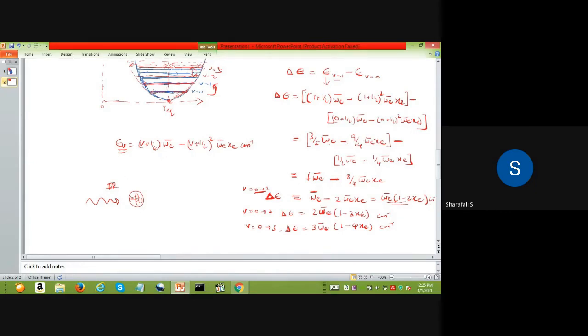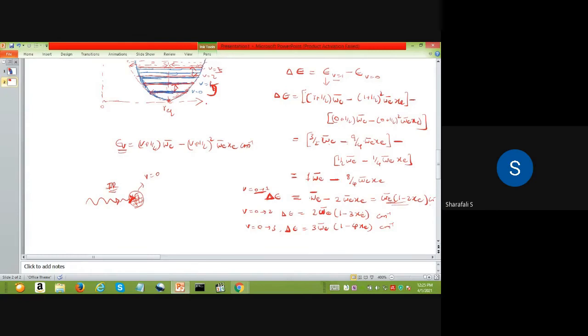So when this infrared radiation interacts with this molecule, and the molecule is initially in the v equal to 0 level, the ground state, and the incoming IR radiation has energy equal to the gap between v equal to 0 and v equal to 1, then the molecule will absorb this IR radiation and go to the v equal to 1 energy level.